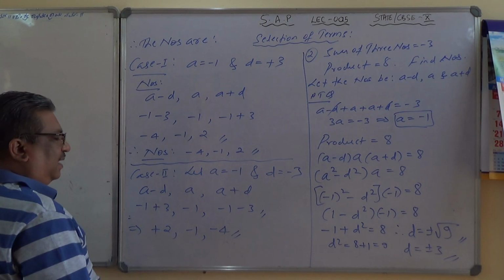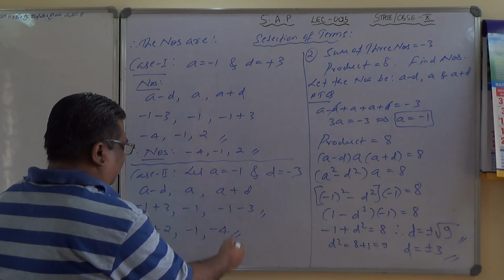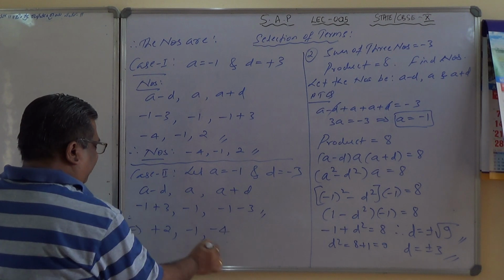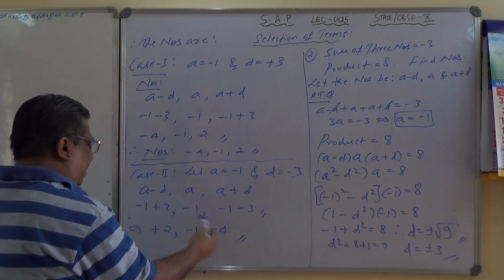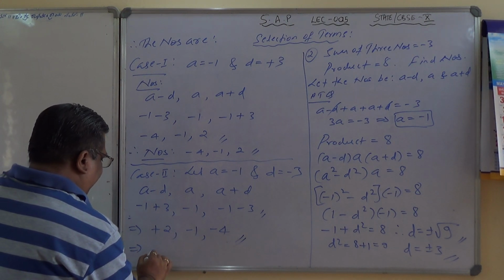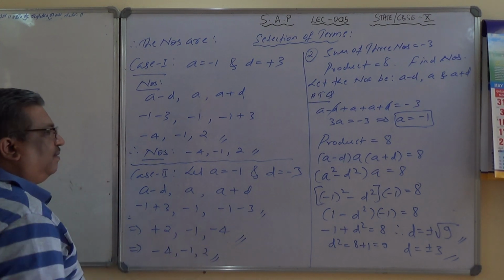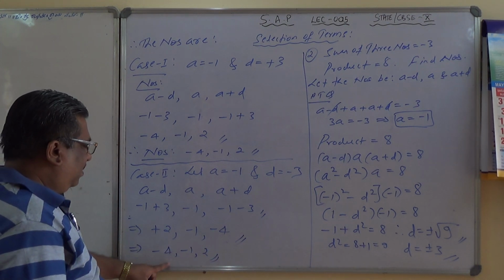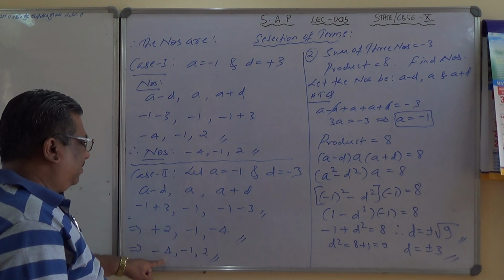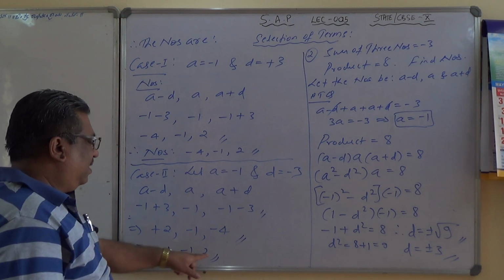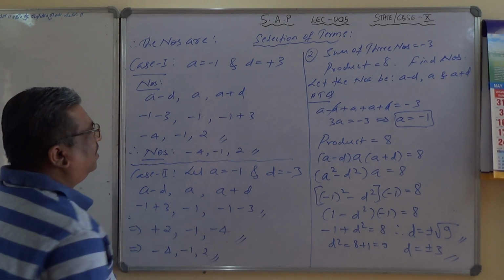You can write minus 4, minus 1, plus 2 also, no problem. There is no difference, all these are in AP itself, because minus 1 minus of minus 4 gives the common difference as 3, and 2 minus of minus 1 also gives the common difference as 3. So I hope you have understood. Note it down.